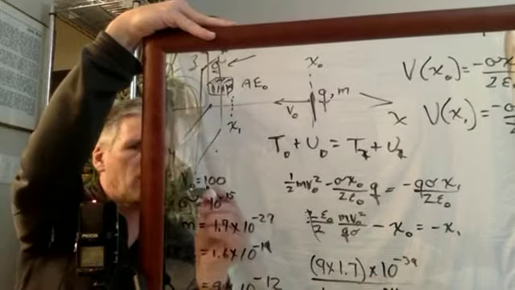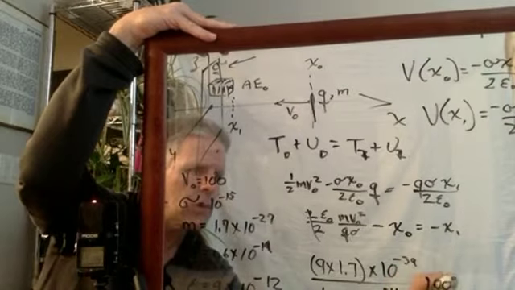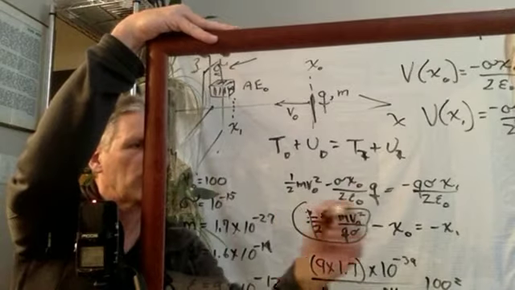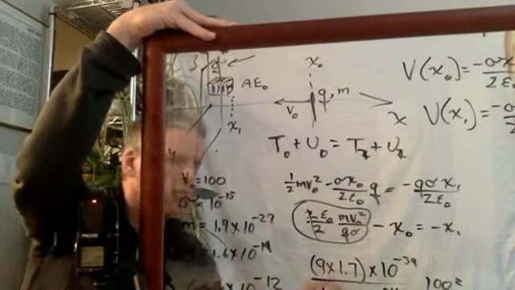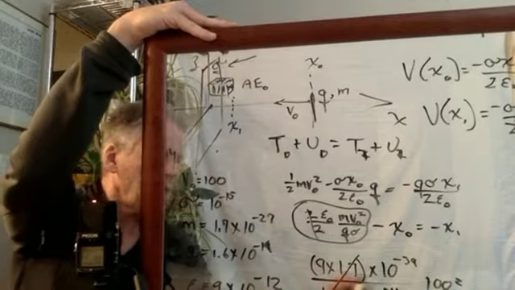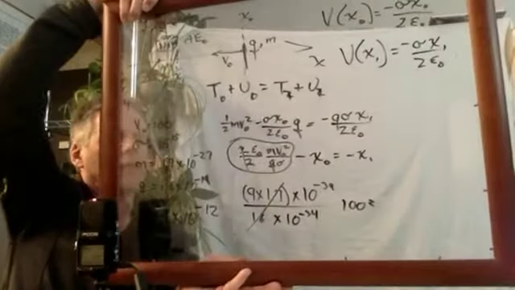And meanwhile, I have a 100 up here for my V0. I have 100 squared. By the way, in case you don't know, I'm just doing this term right here, right now. Okay, 100 squared. Well, 1.7 over 1.6, that's pretty much 1. So we have 9 times 10 to the, I'm going to lift this up just a little just so you can see that, and then I'm going to move it upwards.